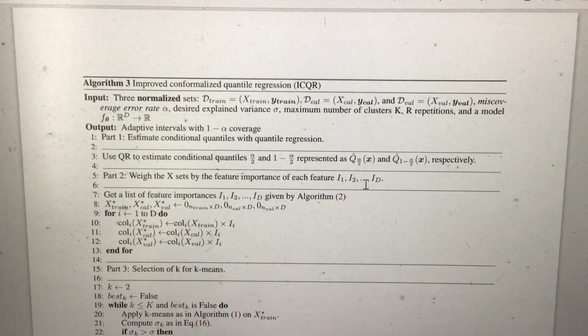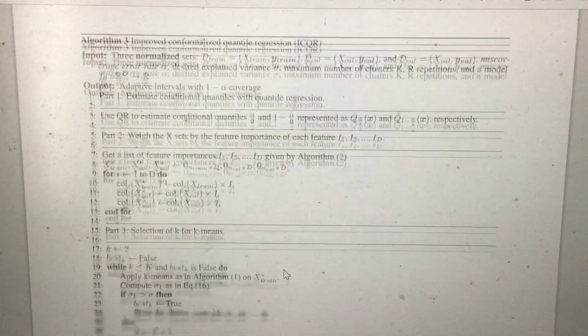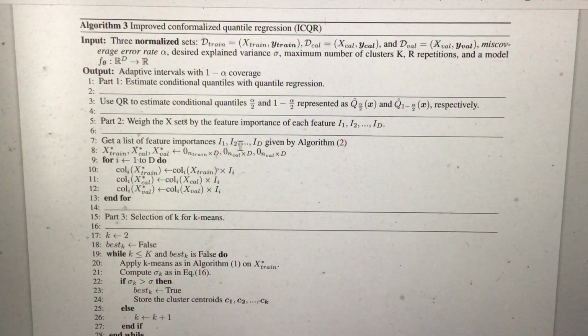And the second step will weight the X sets by the feature importance for each feature, I1 to ID. So first we have to get the I1 to ID from the algorithm we just talked about here. And then we get the I1 to ID, and we'll get the X star training data, X star calibration and X star validation.